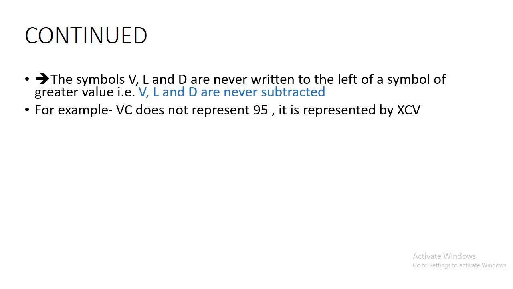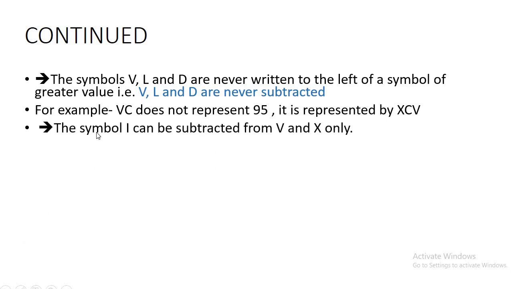VC is not included in Roman numerals because V is a smaller symbol, C is the larger symbol, and as it is present on the left, the rule says it has to be subtracted. But another rule says that V can never be subtracted. So in order to represent 95, we have to break 95 as 90 plus 5. As we have seen, 90 is represented by XC and 5 is represented by V. So 95 is represented by XCV.